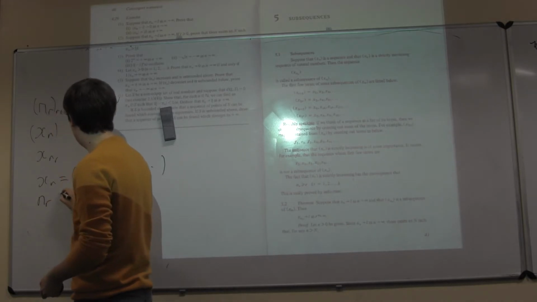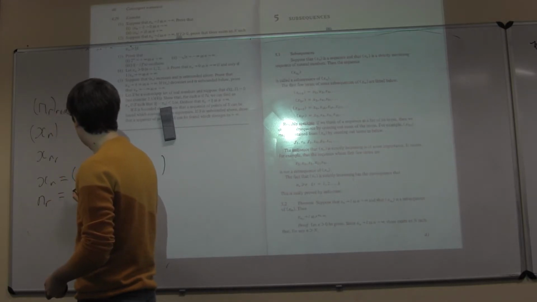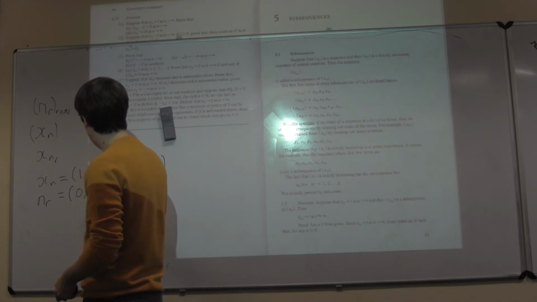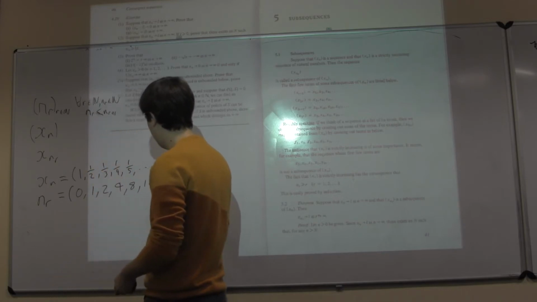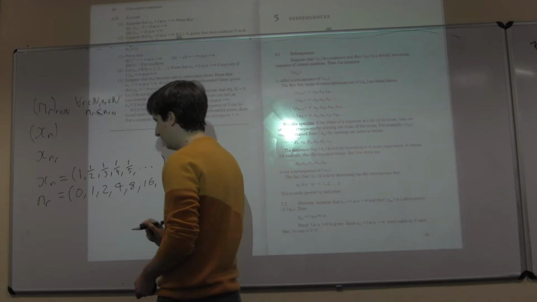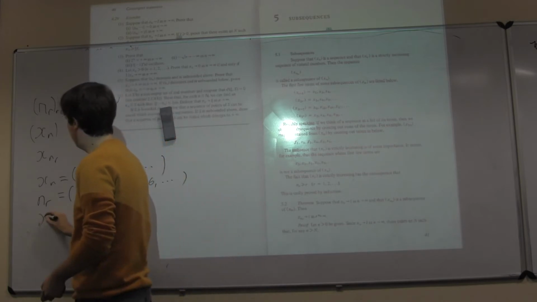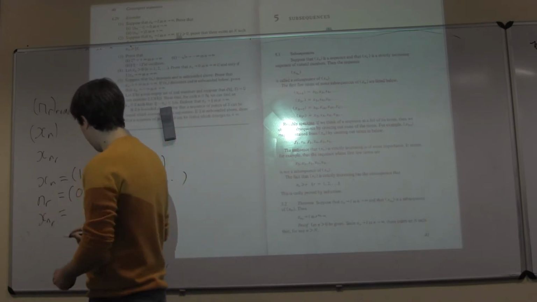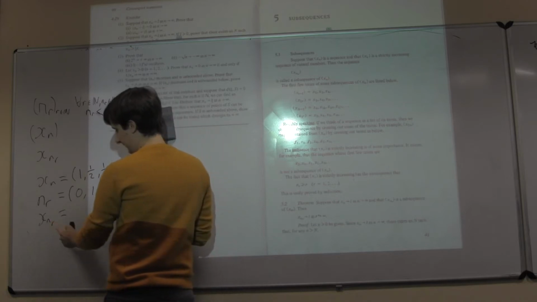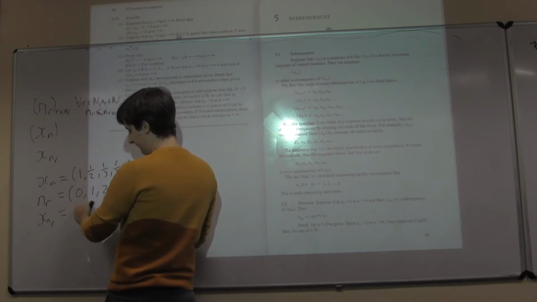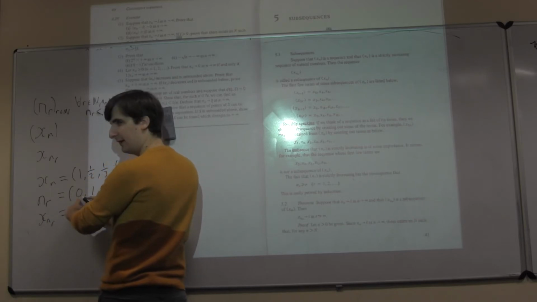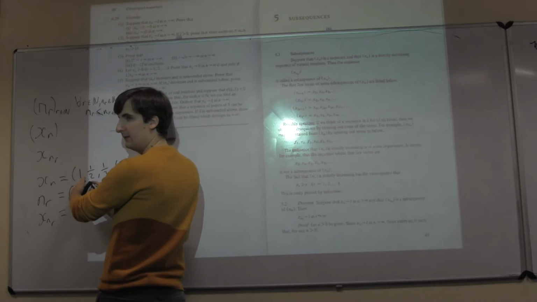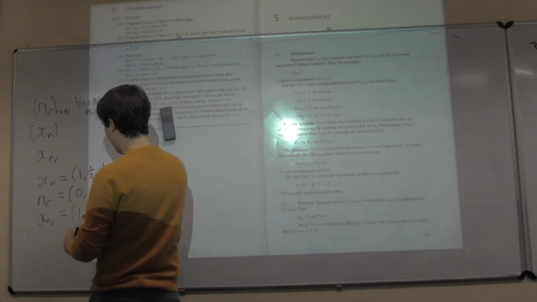So we take n_r to be 0, 1, 2, 4, 8, 16, etc. Then x of n_r is, the first element of this is given, so we look at n_r, it says 0, that means the first element of xn, so the first element is 1.